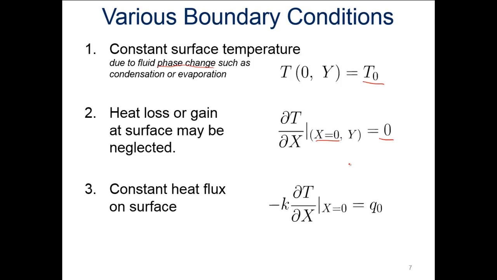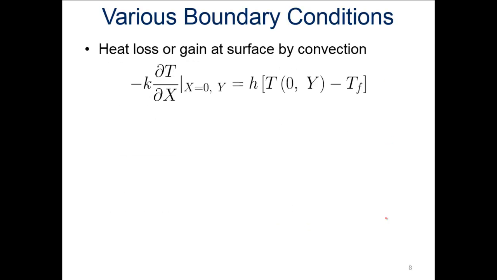A constant heat flux on a surface. So if we look at the conduction at that surface on one side, it will be equal to a constant rate of heat flux. And a good example of this would be a burner on a stove set to a constant heat flux. Heat loss or gain at a surface by convection. So the conduction into or out of the surface is going to be equal to the convection to or from that surface.